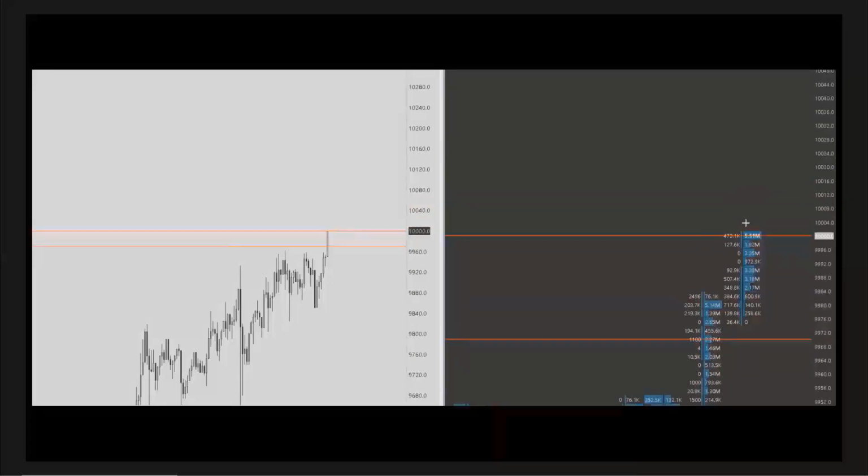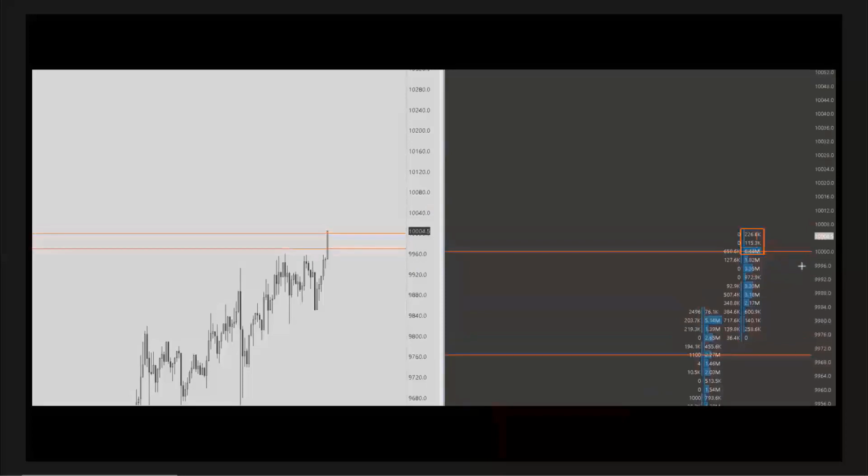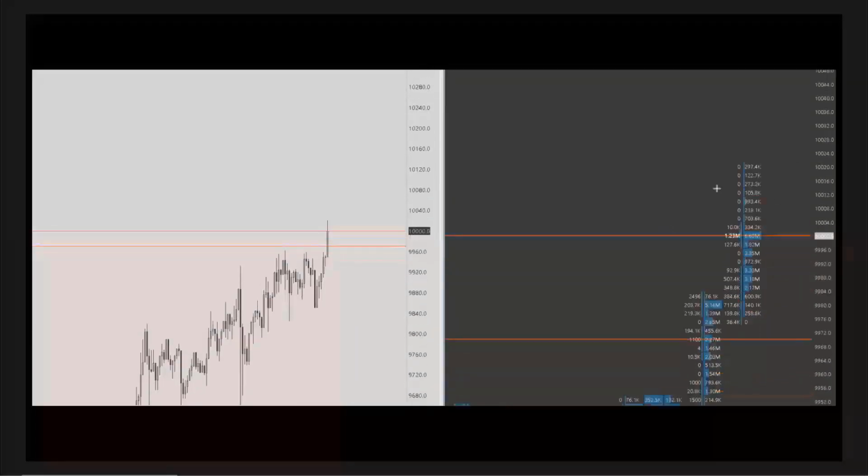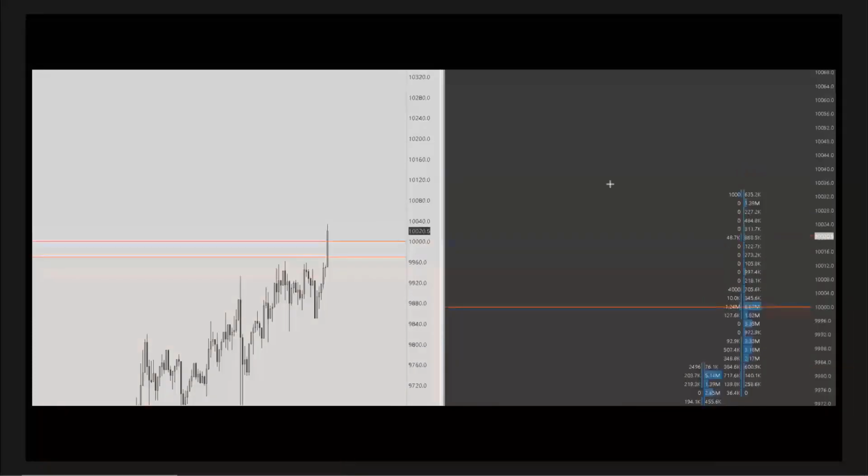See the aggressive buying at 10K there on the right. And there's your stop out.